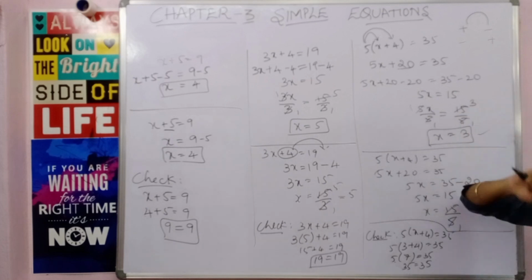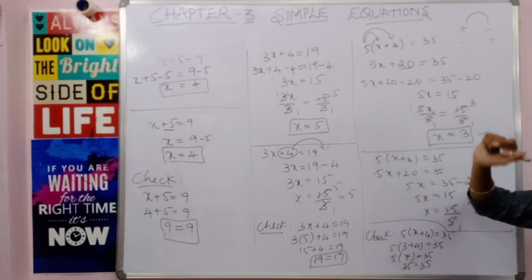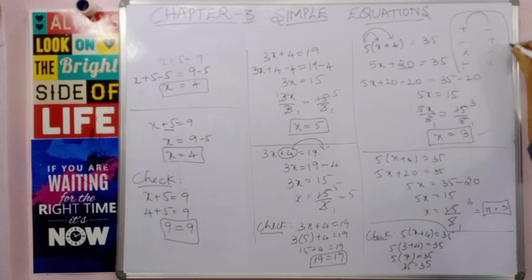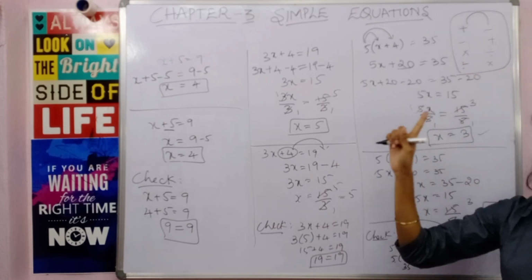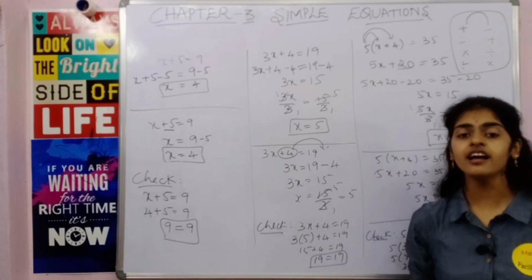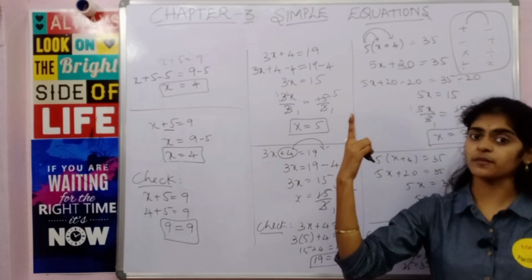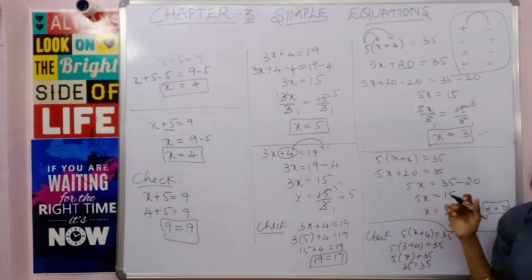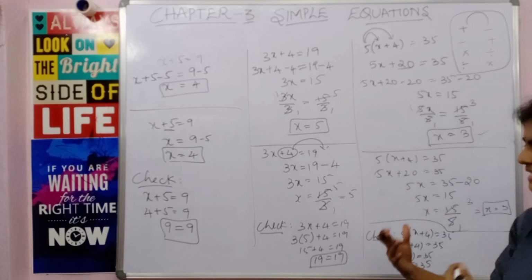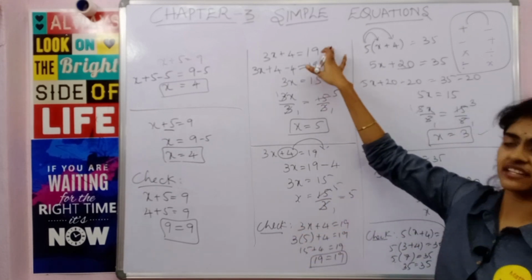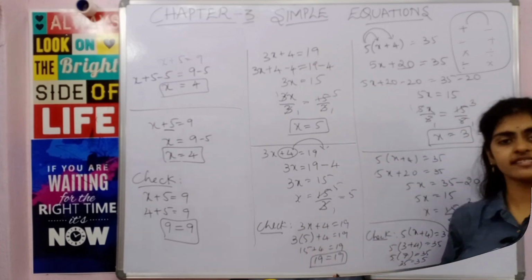Multiplication becomes division, division becomes multiplication. Clear? This is how you solve it, and to check the result, you will substitute the value of x, whatever you get, in the given equation and check if LHS is equal to RHS.